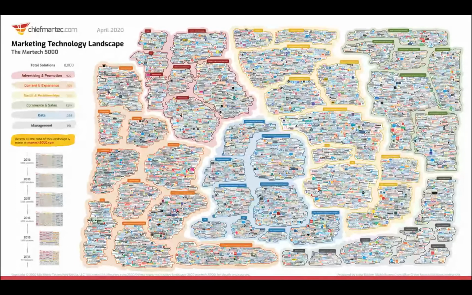And according to this, you can see that there are more than 8,000 solutions. You can just see the numbers in here. And that's a really huge number, right? And marketing technology has, of course, seen a huge growth compared to previous years.